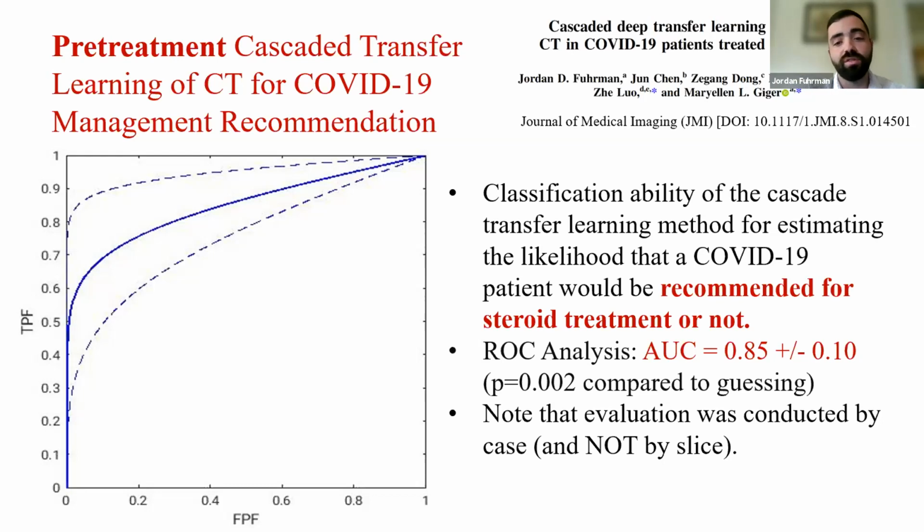In this case, the ground truth was the decision by the clinician to treat with steroids or not, which is somewhat subjective compared to other tasks. And so that's why we were happy that we were able to get somewhat decent agreement with the clinician's decision to treat with steroids or not.